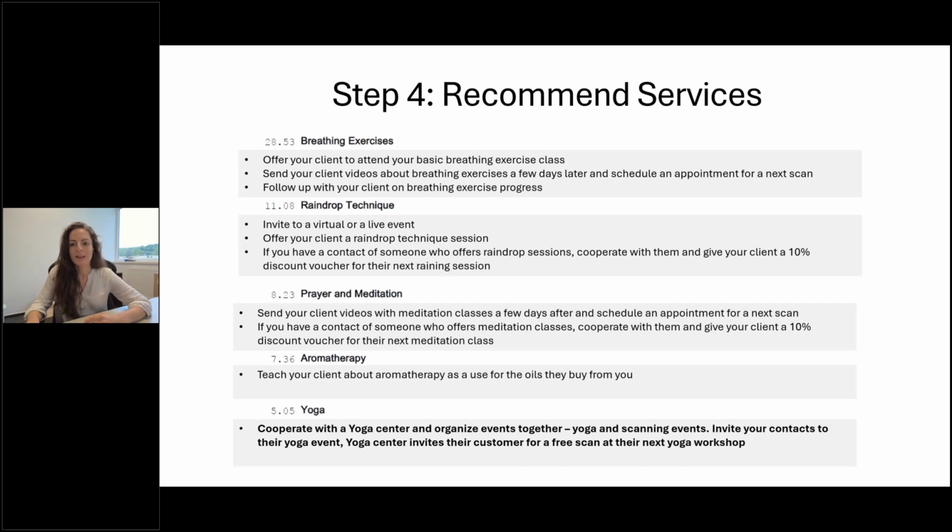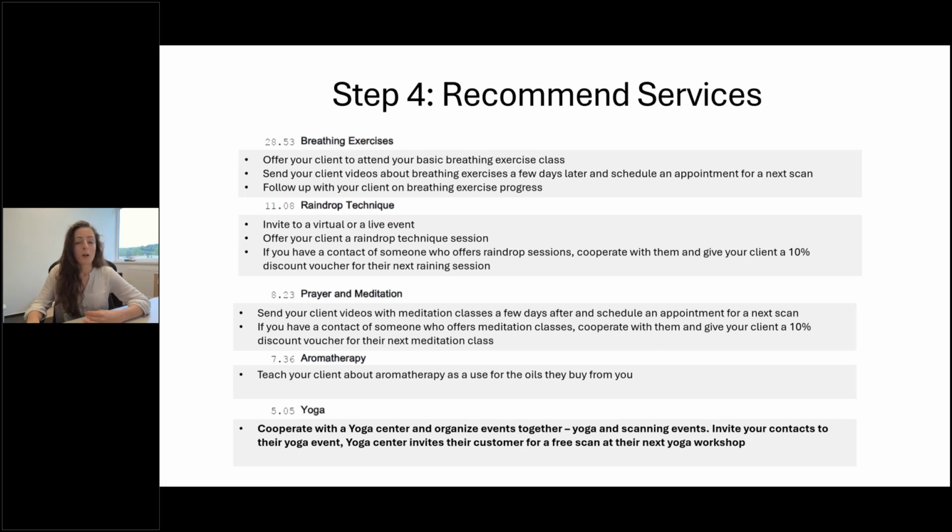Next example. This is the raindrop technique. This is something that people who use essential oils would offer very often. You don't have to offer it, but you can refer your clients to people who offer this technique. Another example here is prayer and meditation.